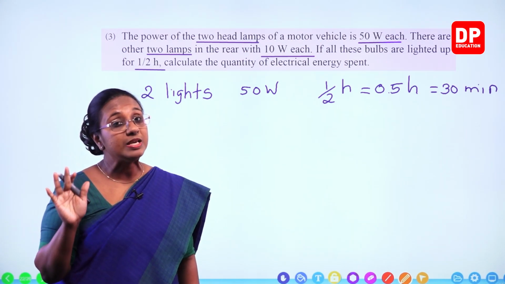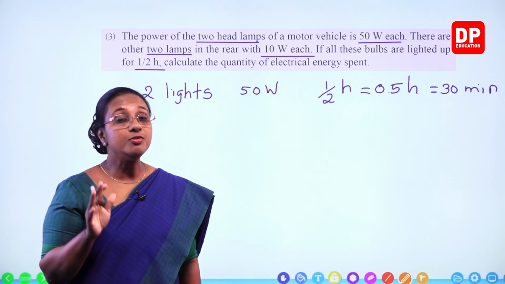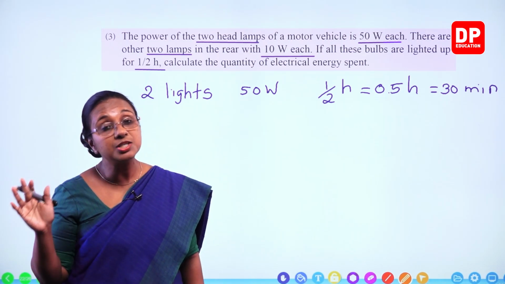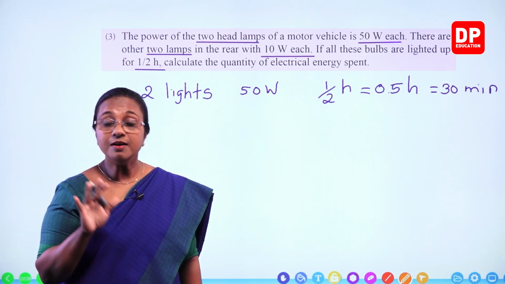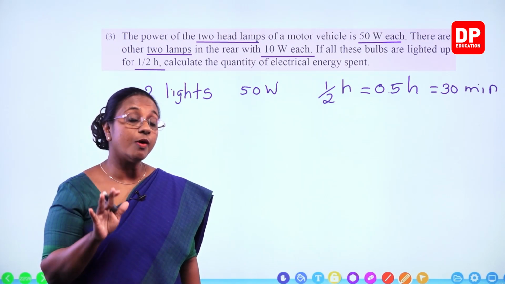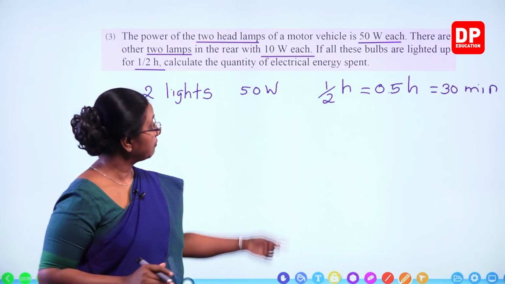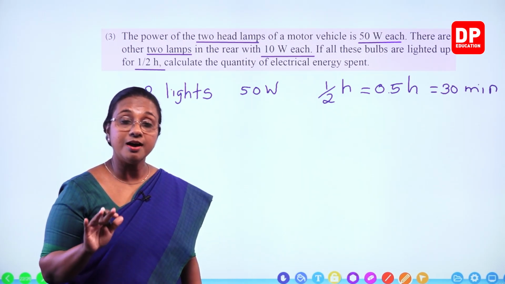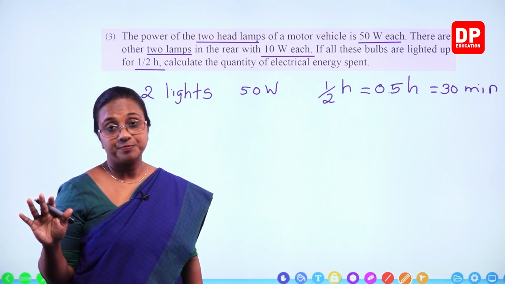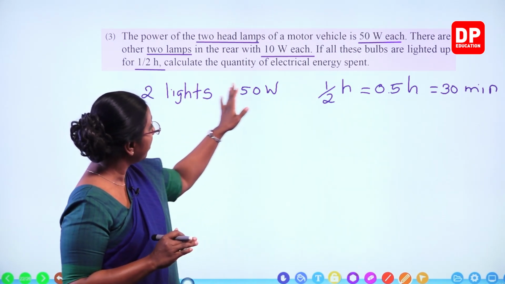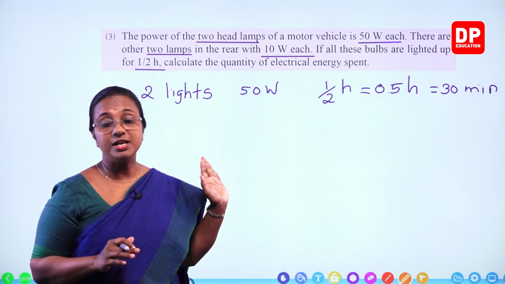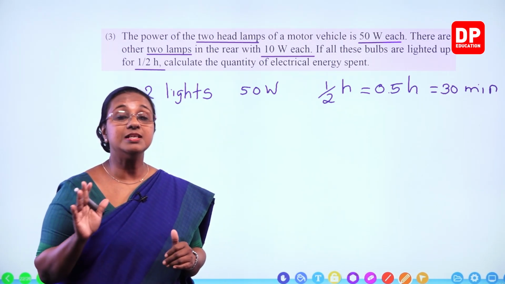Now, you have to be clear, students. When we do the calculation for the commercial unit, there we use the unit kilowatt hours. There, of course, you can directly use the hours as it is. But for calculating the quantity of electric energy spent, you have to have the time in seconds.